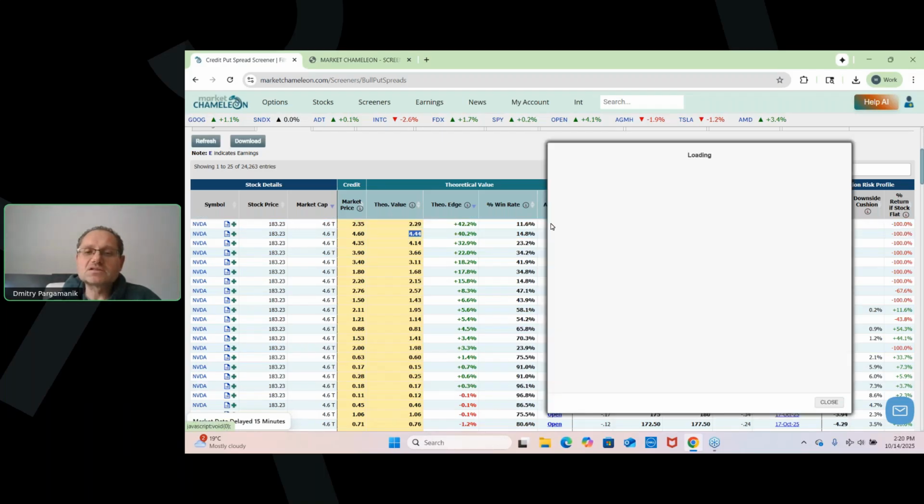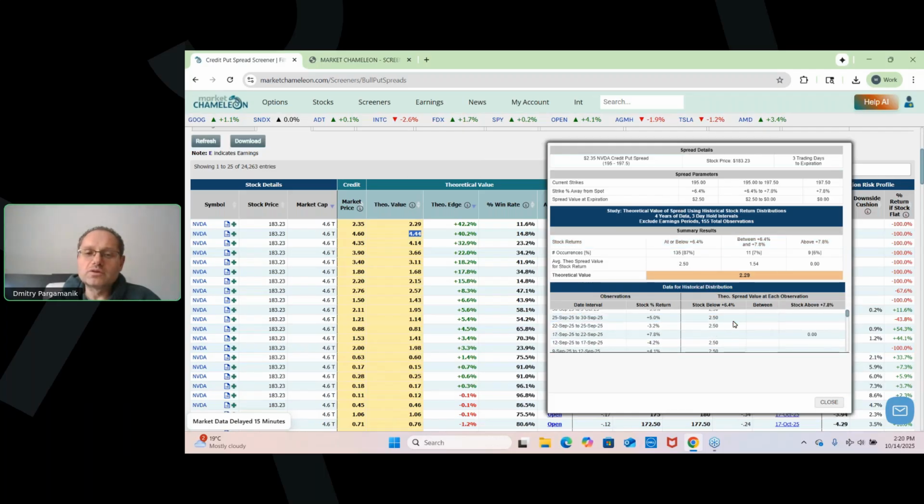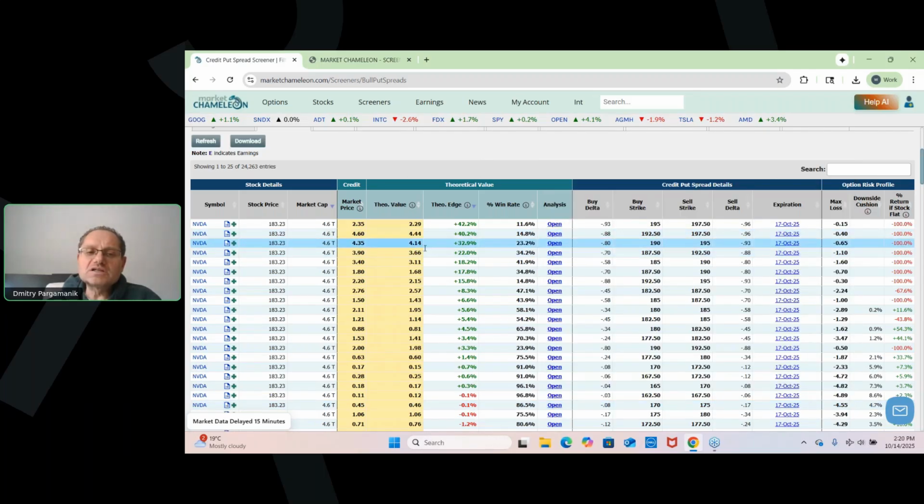And you could open the analysis, and it goes through the analysis in here. All right. So what this does is help us quickly assess where the current spread price is relative to how the stock has moved historically given similar circumstances.